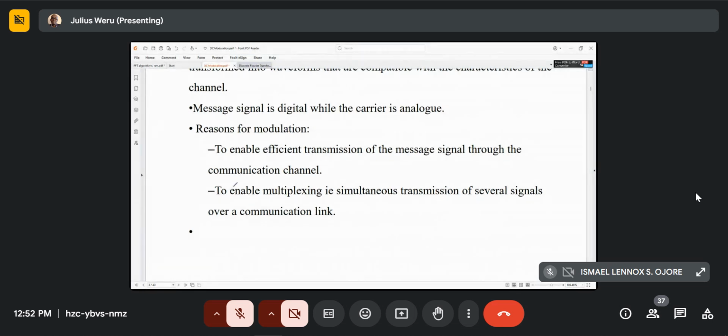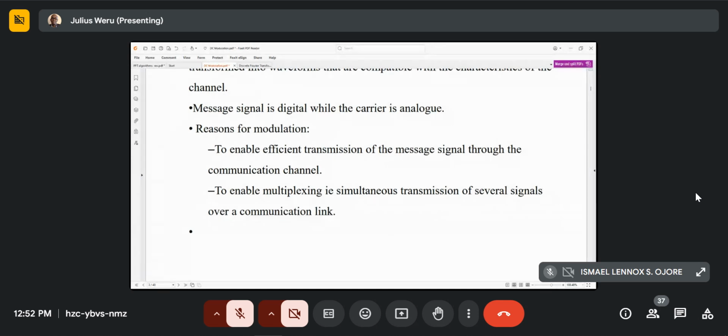The other one, of course, is that you want to enable multiplexing. I think you have come across that even in analog modulation. If you are dealing with, let's say, voice, and you have several voices together, you can't carry them at baseband together, they will interfere with each other.